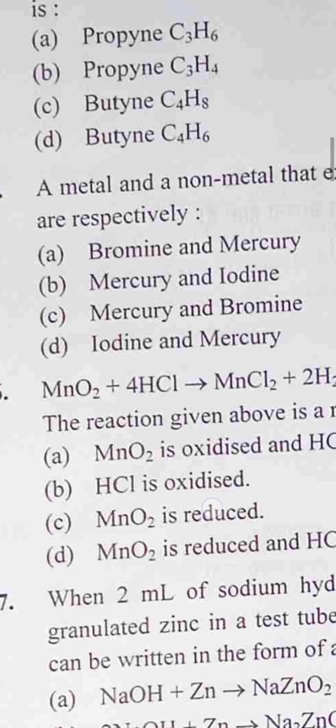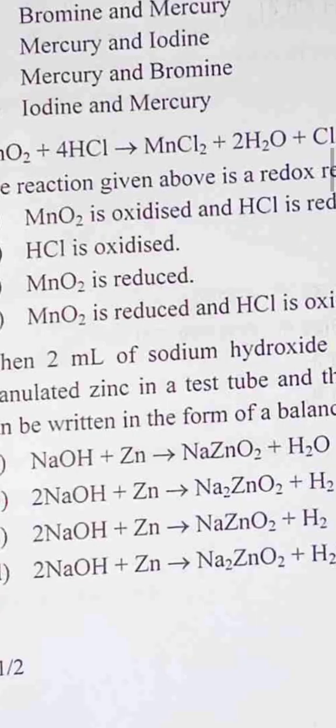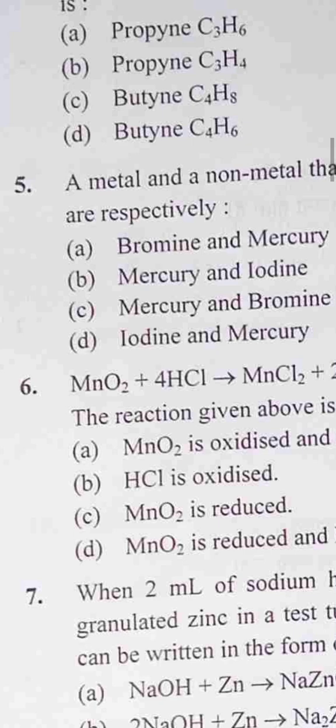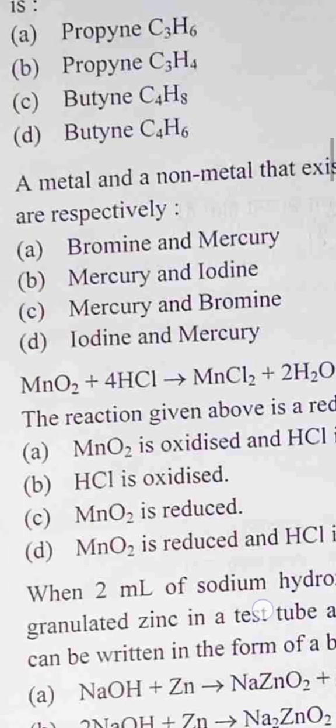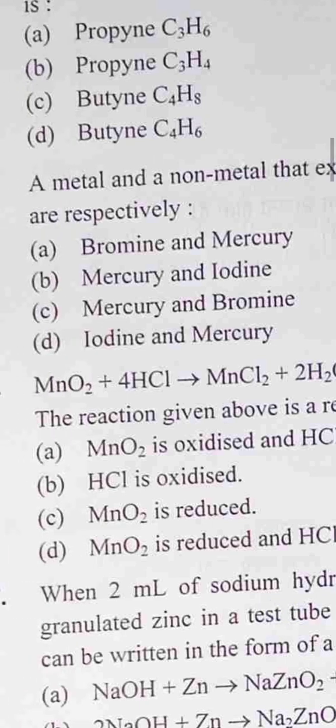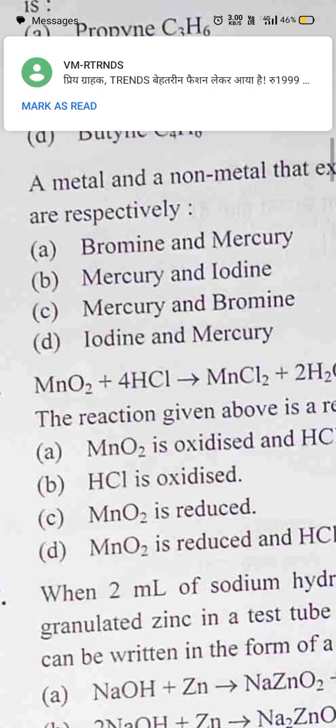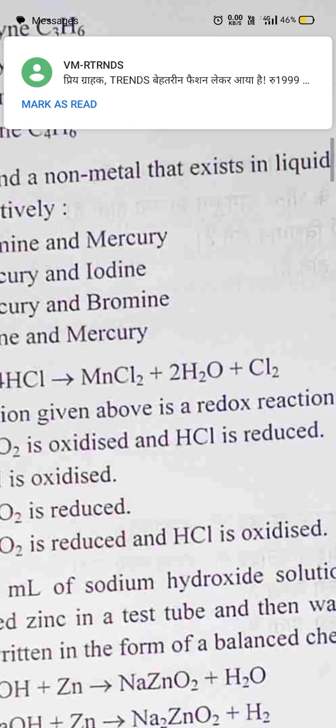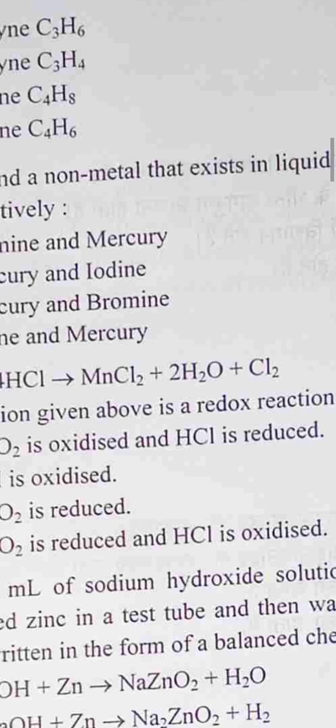MnO2 is reduced. So in question number 6, MnO2 is reduced and HCl is oxidized because MnO2 forms MnCl2, so its valency reduces from +4 to +2, and similarly HCl goes from -1 to 0 because Cl2 forms a covalent bond.